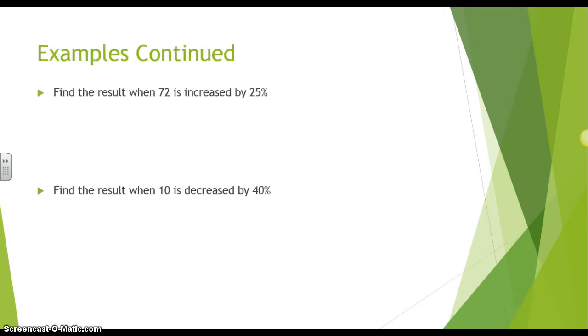Last slide. It says find the result when 72 is increased by 25%. What I'm going to do first is take 72 and multiply it by the 25%. So 72 times 25% as a decimal is 0.25.